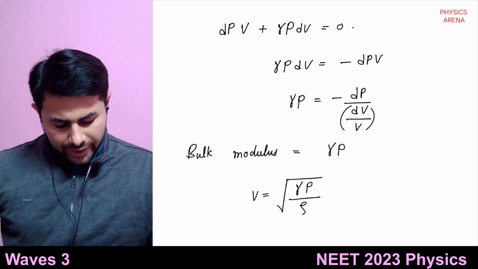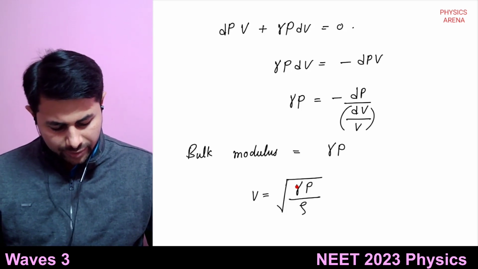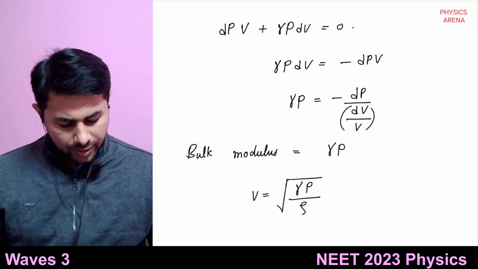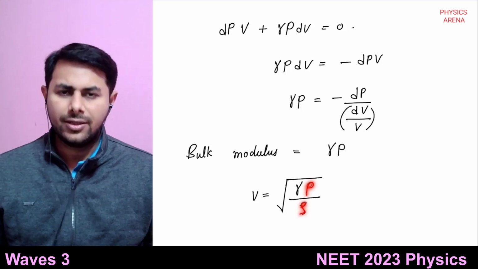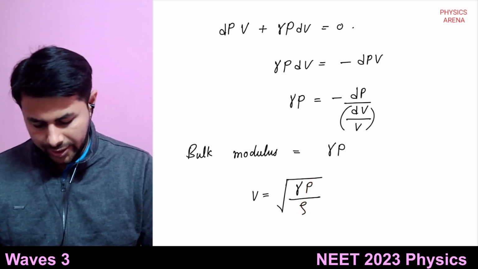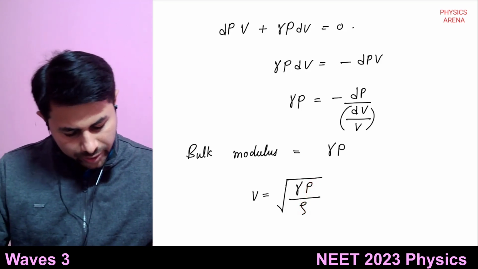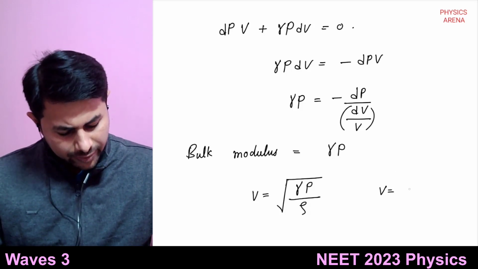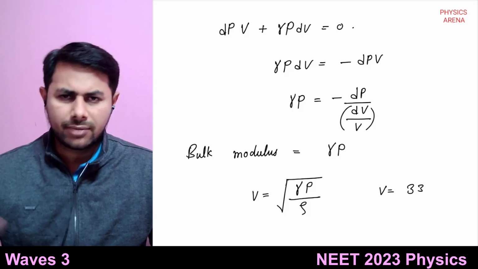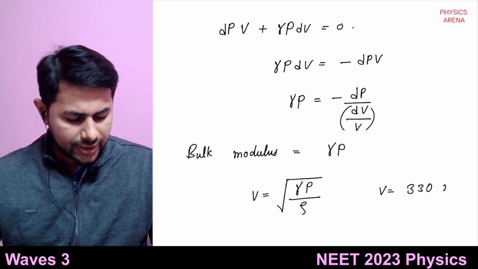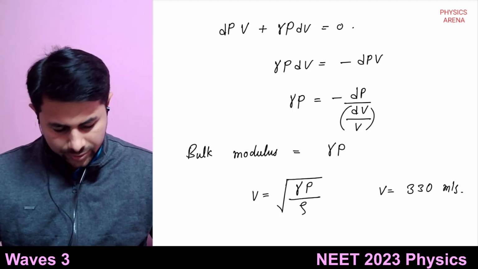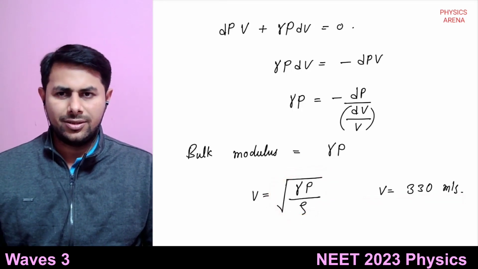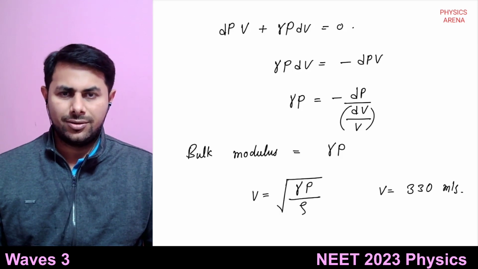Then if you substitute the value of gamma, that is Cp by Cv, and pressure and rho, what do you get? You get the speed of sound in air is equal to 330 something. Let's consider 330 meters per second. So this formula matches with the experiments, which means this formula is correct.